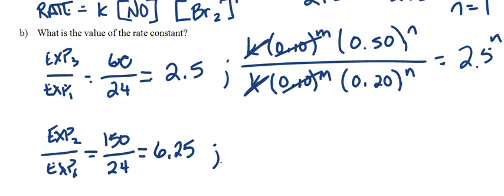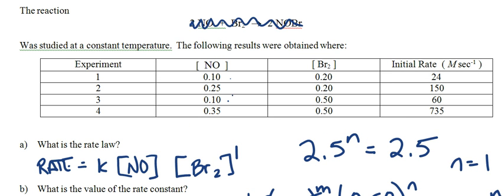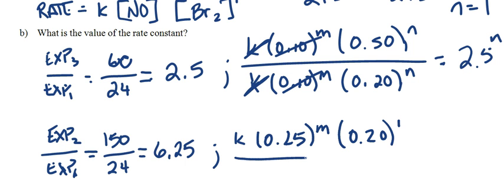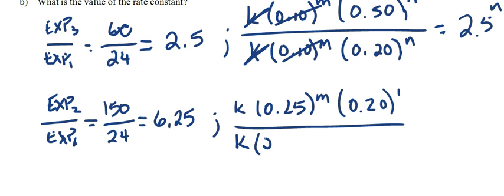Okay. So let's plug in our values there. So in experiment 2, we have concentration 0.25 to the M, and 0.2, and that is a first order reactant. And then in experiment 1, we have 0.1 and 0.2, first order as well.